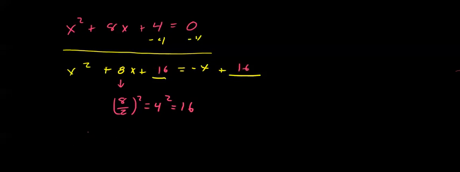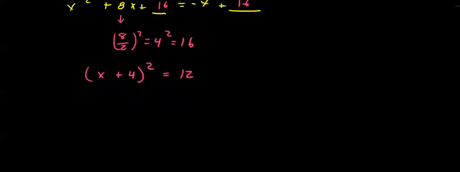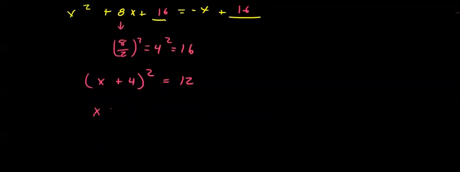I factor this side. And then I take the square root of both sides. X plus 4. Well, when I square root it, plus minus. When I take the square root of both sides, I get square root of 12. 12 is 4 times 3.